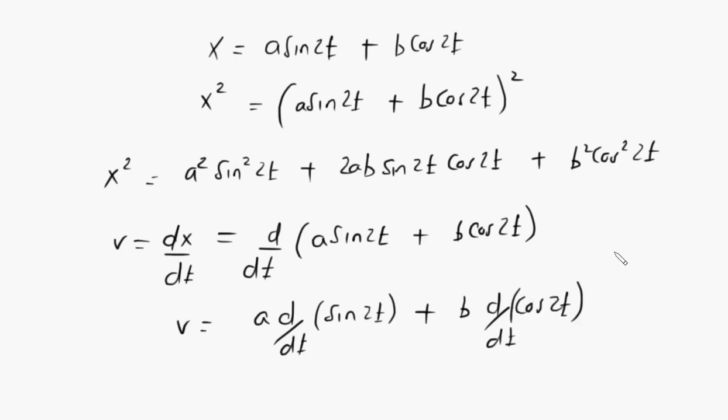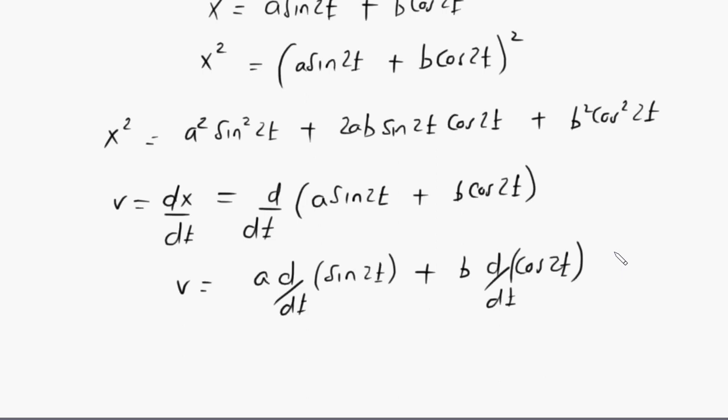So if I differentiate sine 2t, I get 2 cos 2t, and if I differentiate cos 2t, I get negative 2 sine 2t. So my v is just going to be equal to, so here I'm going to have a 2 cos 2t minus b, okay, 2 sine 2t.